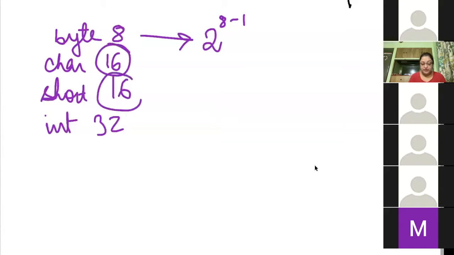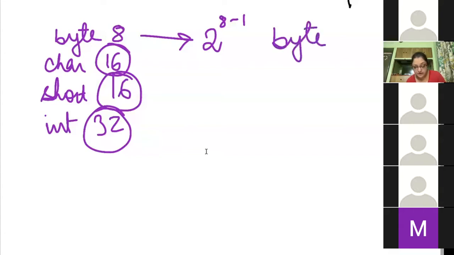We had seen this in our DLD class also earlier. Depending upon how many bits are there for the storage, that will give you the range. For byte, the range is minus 128 to 127.